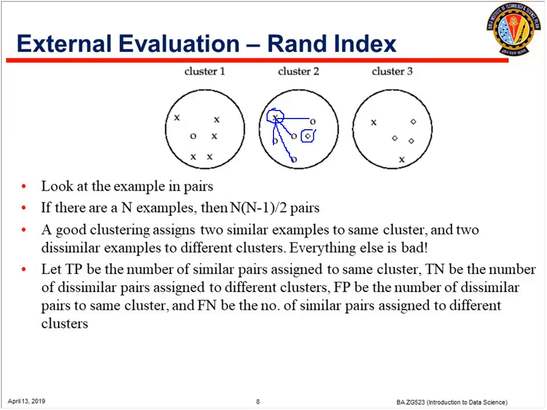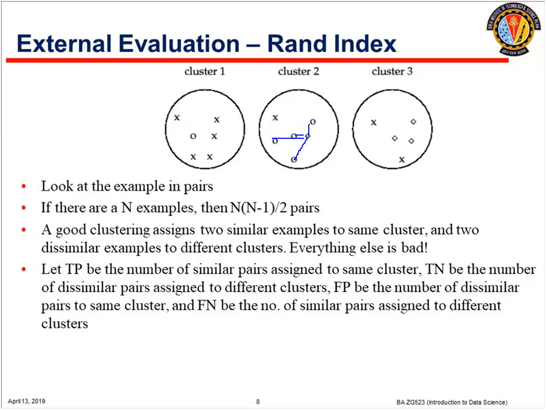That's all. So 5 pairs from X, and then 4 more pairs with diamond. Let's say one pair is here, the other is here, 2 and 3, and 4 more pairs. So 4 more pairs with this diamond. So 5 plus 4 is 9.